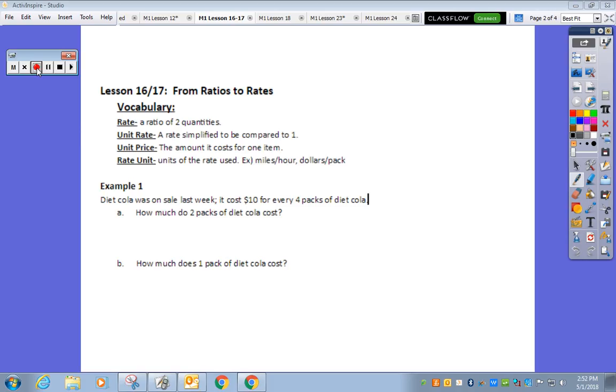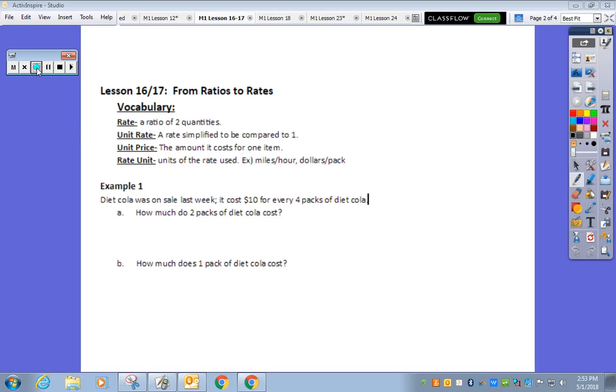Okay, so we're going to look at some examples. Example 1 says that Diet Cola was on sale last week. It cost $10 for every 4 packs of Diet Cola. So this is a rate. We're comparing money and packs of soda. We can use rates that were given to find out how much things cost or how much it is for another number of the unit we're looking at.